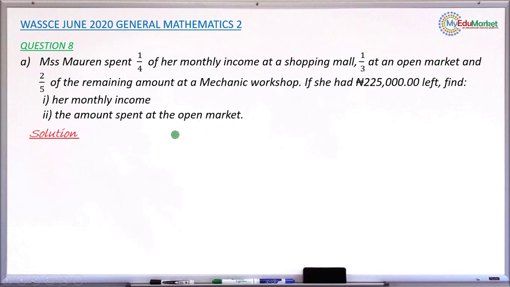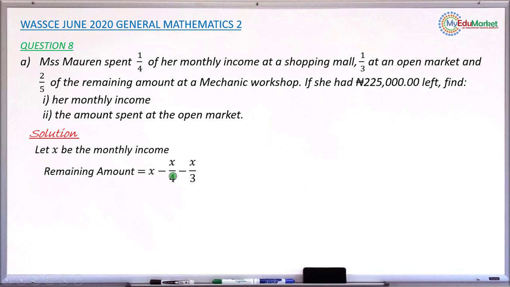Solution to the problem. What you do first is to let X, or any other letter, represent the monthly income. So if I let X be the monthly income of Mrs. Maureen, the remaining amount after these two expenditures will be equal to X, her monthly income, minus X over 4, that is 1/4 of her income, the amount spent at the shopping mall.